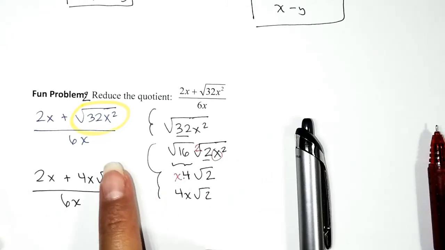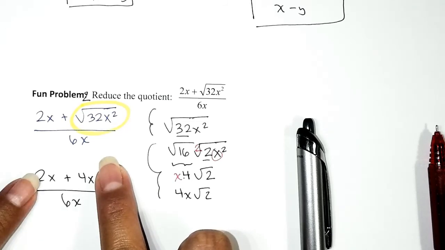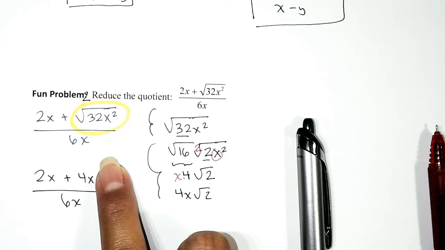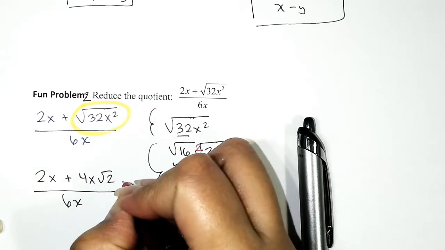I'm going to temporarily ignore the radical. 2x, 4x, and 6x all have a common factor of 2x, so we're going to reduce this fraction by dividing top and bottom by 2x.